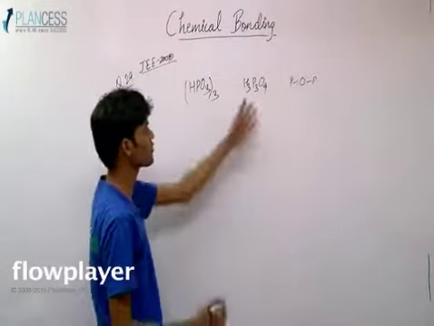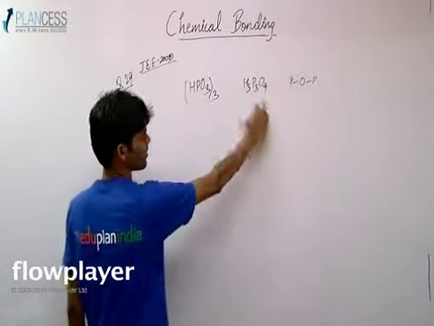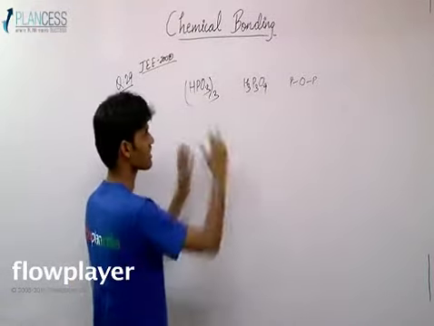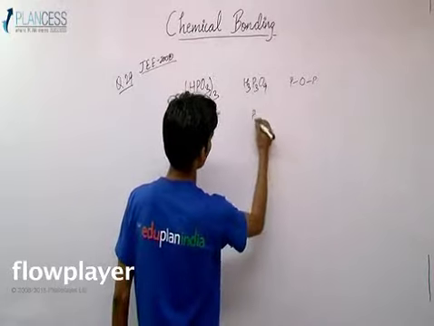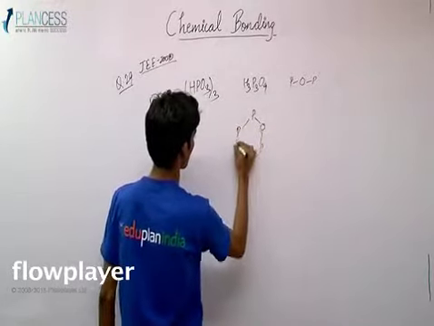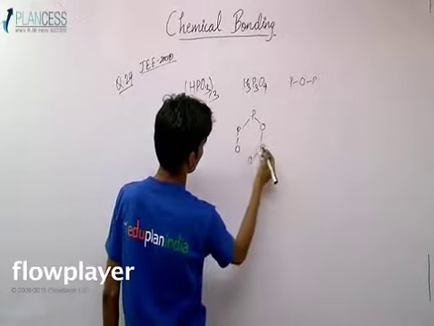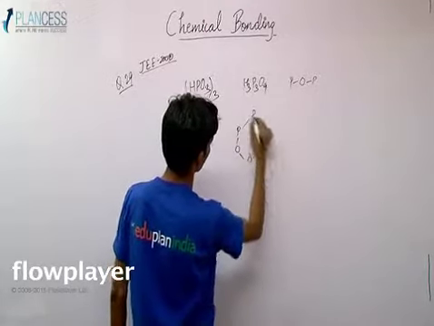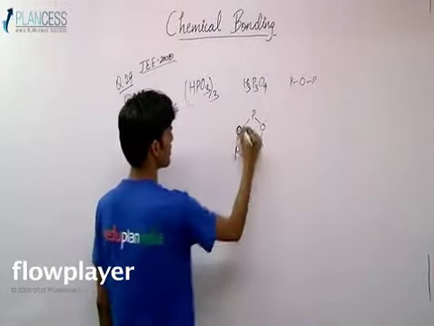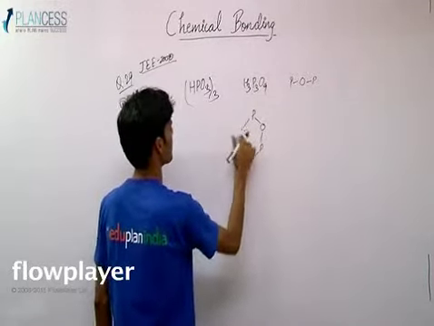So the structure for this would be cyclic, because generally if the number of central atoms is greater than 2, then the structure comes out to be cyclic. So it would be PO, PO, PO, and here it is O, and here it is P, and here it is O. So this would be the 6-membered ring formed.